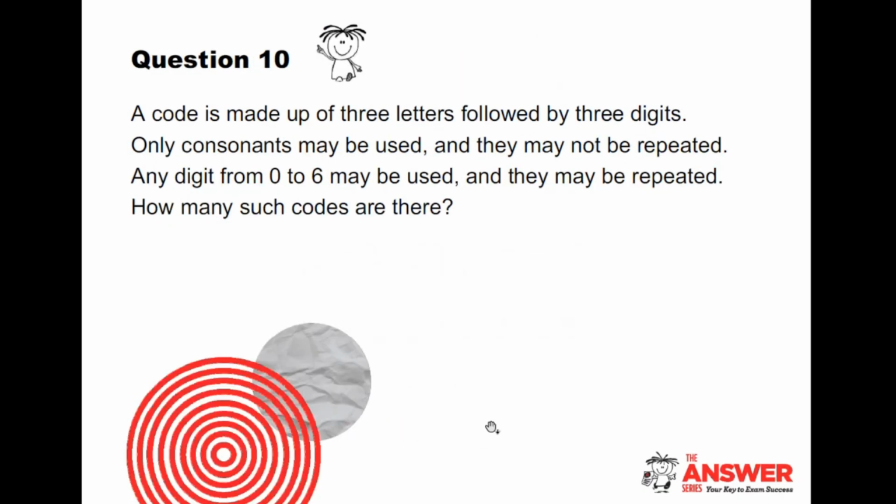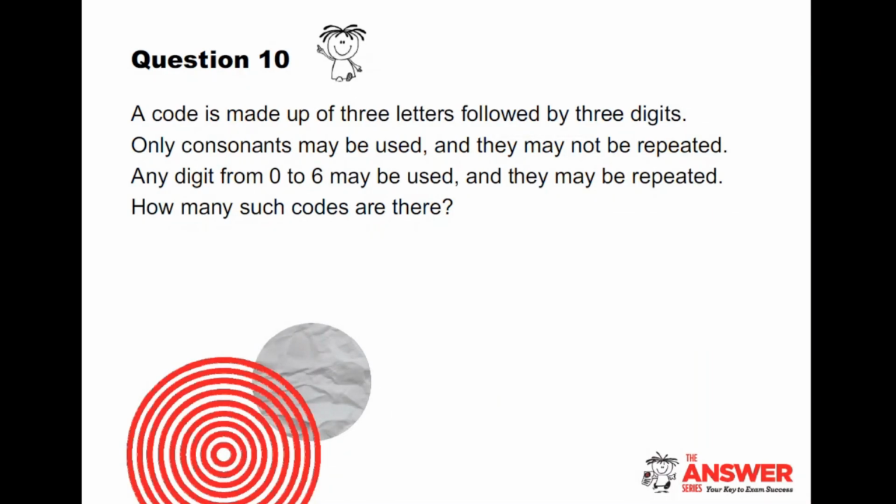Okay, question 10. A code is made up of 3 letters followed by 3 digits. So very, very similar question. Only consonants may be used. What's a consonant? Well, the alphabet, the English alphabet, which is the one that we use. Certainly there are many alphabets in the world that are very different.